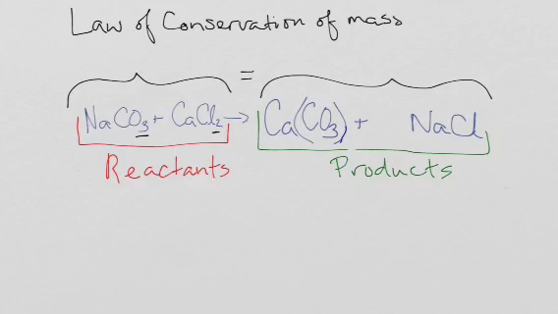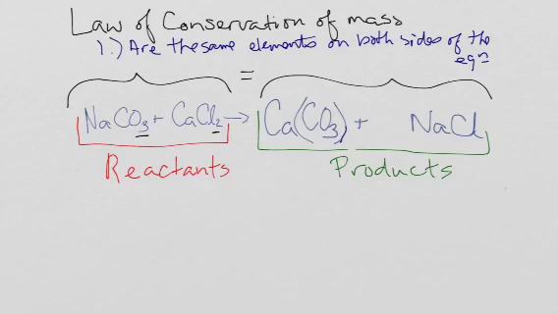The first thing we do is see, okay, are there the same kinds of elements on both sides? Are we even dealing with the same kinds of elements on both sides? There has to be the same representation of the elements that are in the molecules of the reactant side. Well, they've got to show up somewhere on the product side.